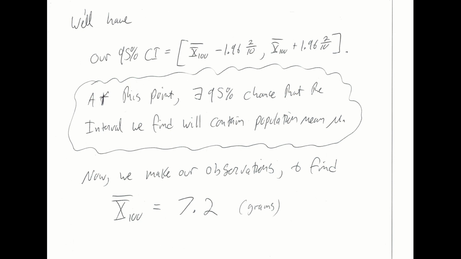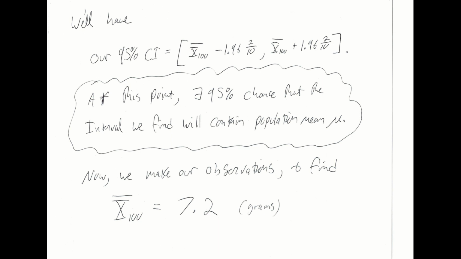Before you've actually made your observations, there is a 95% chance for this particular interval to contain the population mean once those observations are made. So we're going to get our sample average, we're going to compute an interval. Maybe it really does contain the population mean, maybe it does not. There's a 95% chance, based on the math that we've done, that it will contain the population mean.